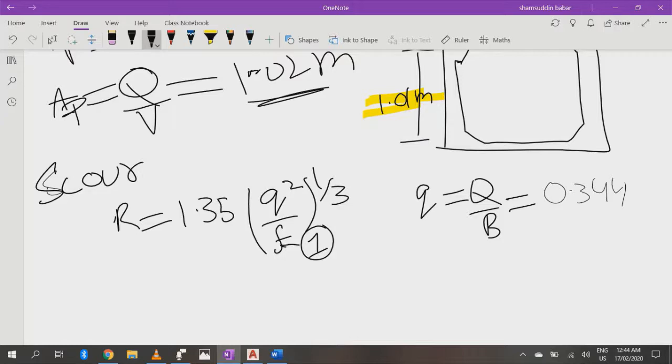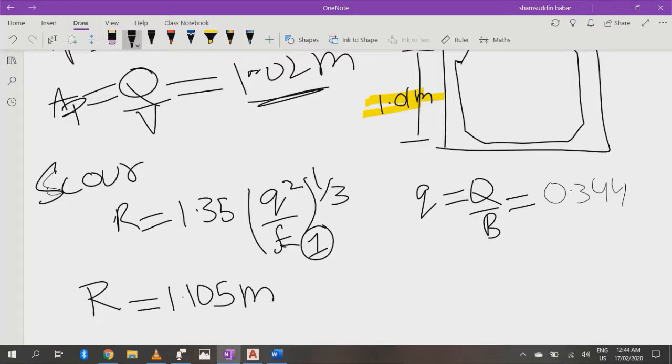It is discharge per unit width, and I've got my q. I can find out my R using this formula, and I got my R directly as 1.105 meter.